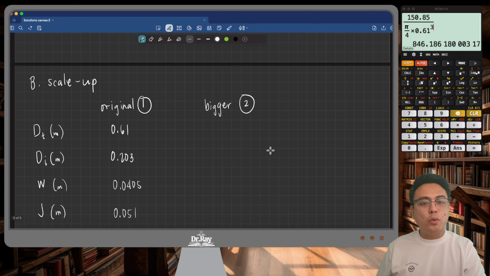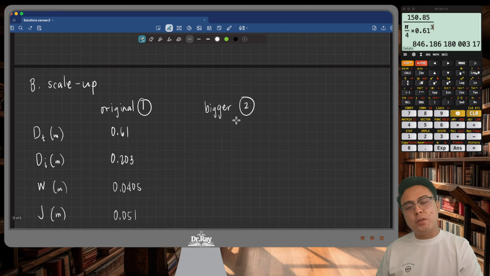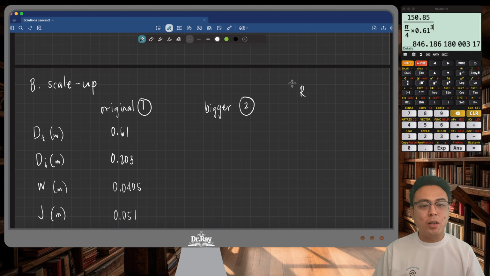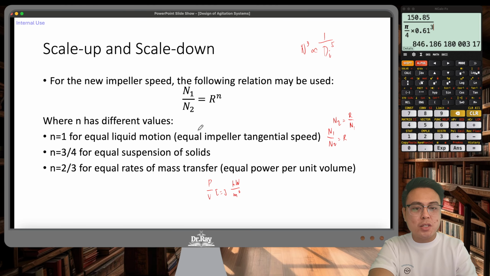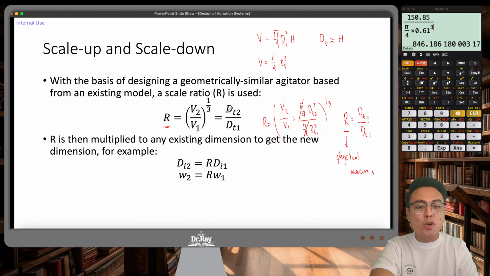Now, how do we get the numbers for the bigger agitator? As you know, it's just a matter of determining the scale up, or the scale ratio, or the scale parameter R. The scale parameter R, as previously discussed, is simply the ratio of the tank diameters. The new tank diameter divided by the original tank diameter.